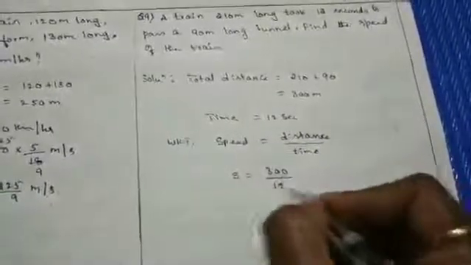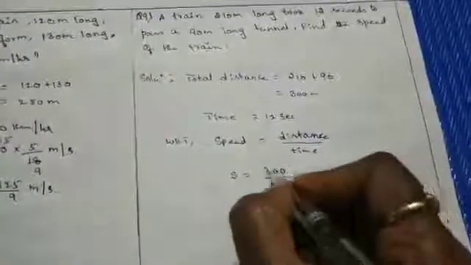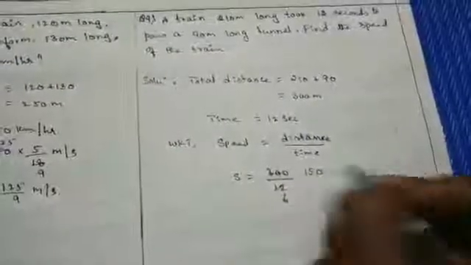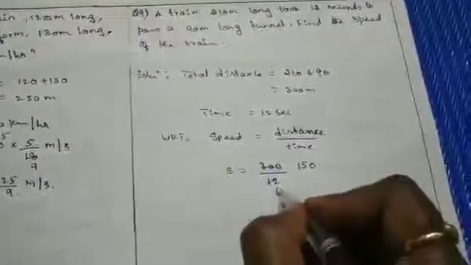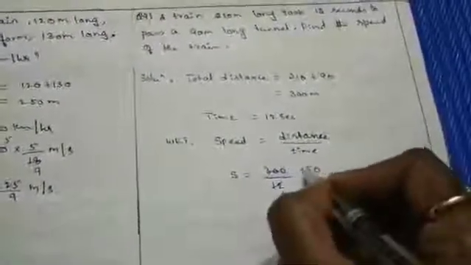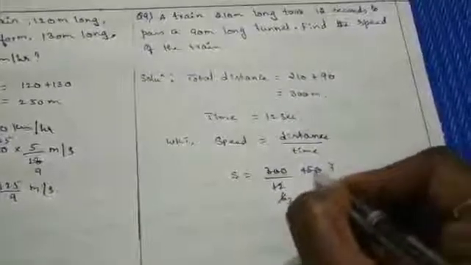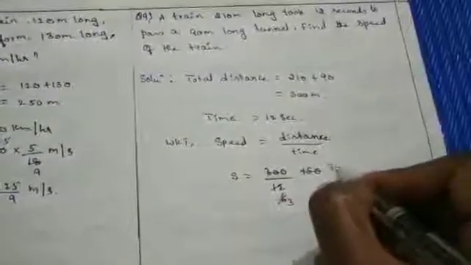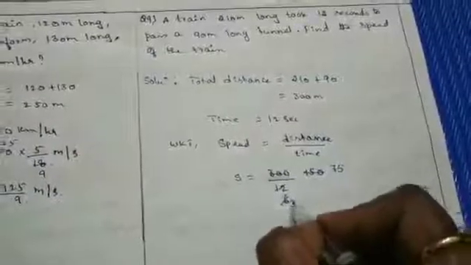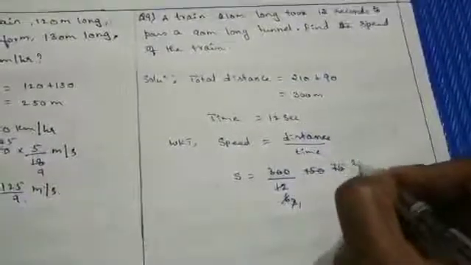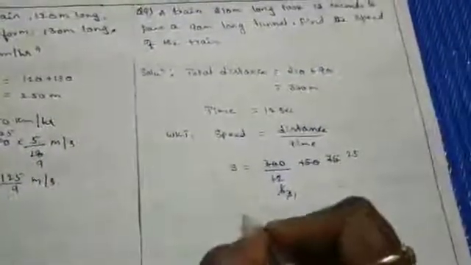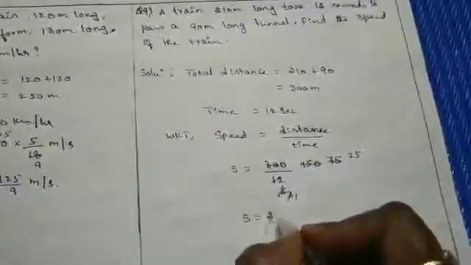So cancel. 2 6s are 12, 2 1s, 2 5s are 10, 0. Then 2 3s are 6, 2 7s are 14, 1 remains, 2 5s are 10, then 3 1s are 3, 2 3s are 6, 3 5s are 15. Then speed is equal to 25.